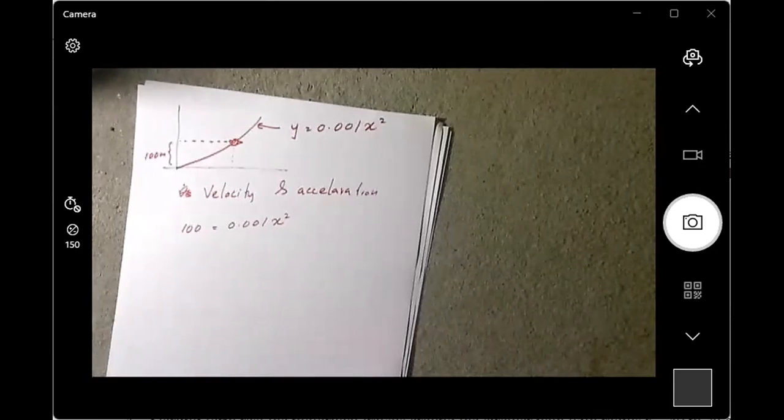What's the answer? 10 to the power 2.5. How much? 10 to the power 5 or 2.5. 10 to the power 2.5.